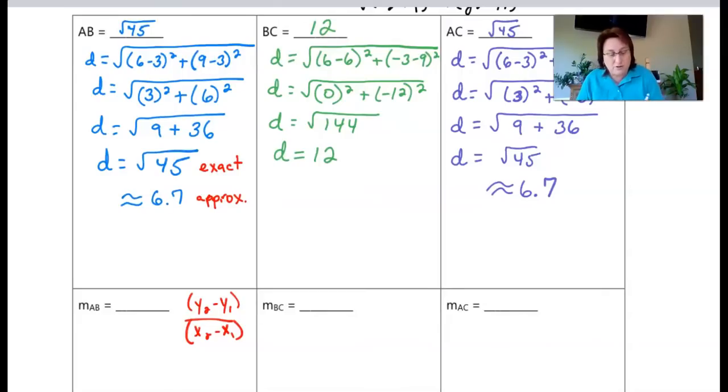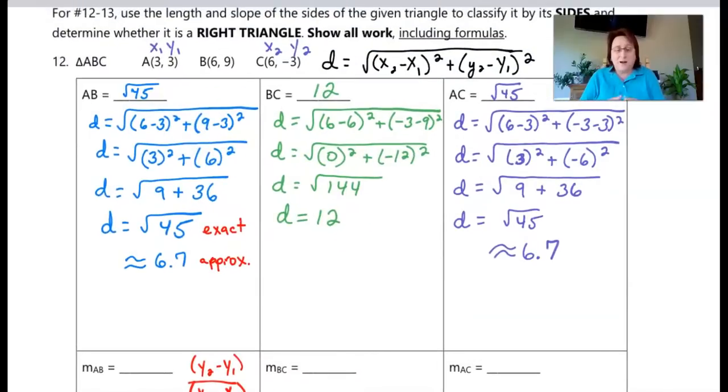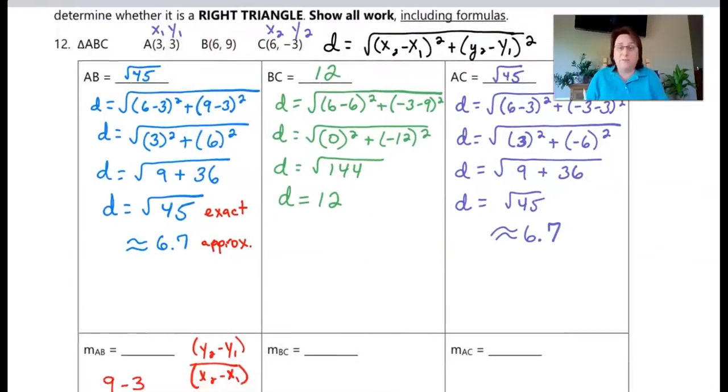So y2 minus y1 would be 9 minus 3 over, and then the x's would be 6 minus 3. Everybody see where I got that from? Here's the change in our x's, here's the change in our y's. You can also go back up to the points up here and look at A and B and do the x1, y1s.